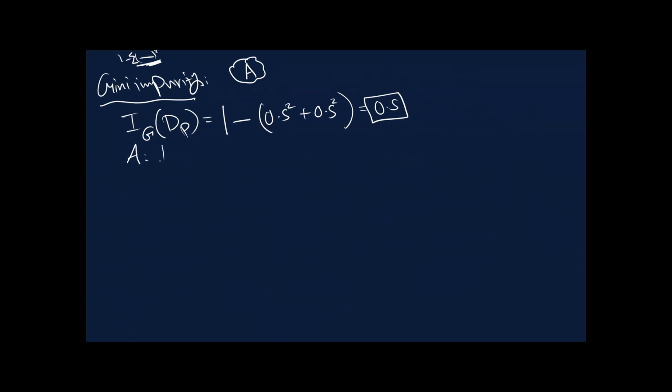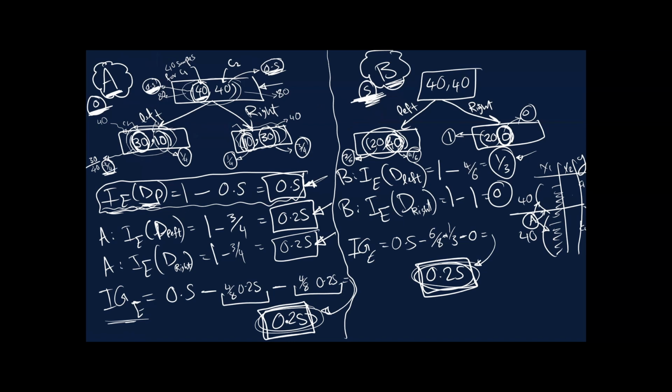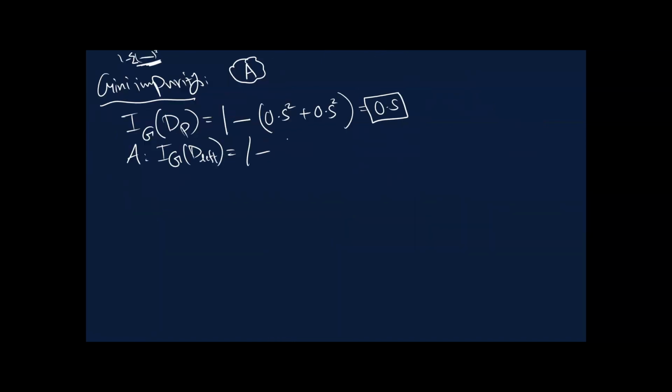Okay, so going to the left child would be again 1 minus the squares of the probabilities. So 1 minus 3 over 4 and 1 over 4, each one of them is squared. So it would be 3 over 4 squared, plus 1 over 4 squared. This will give us this value.